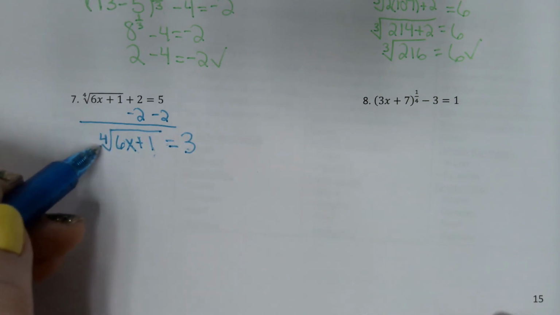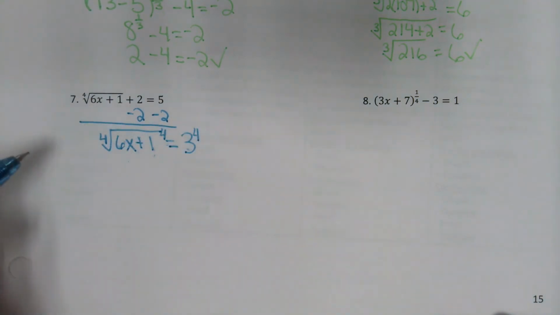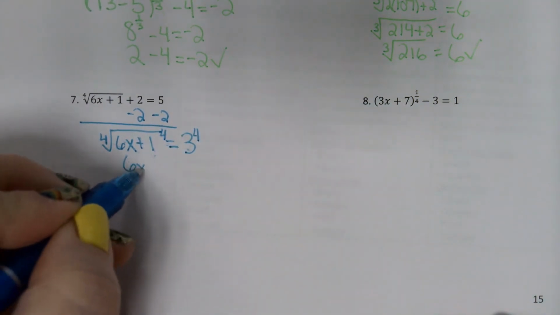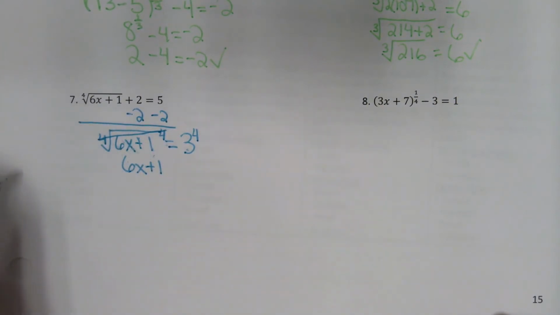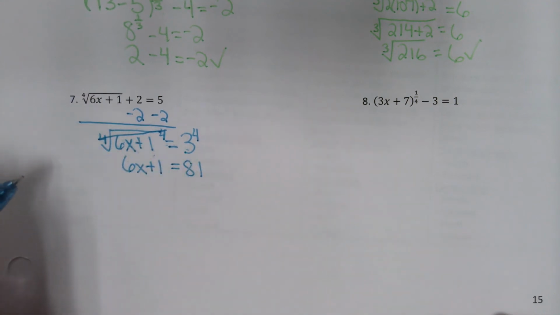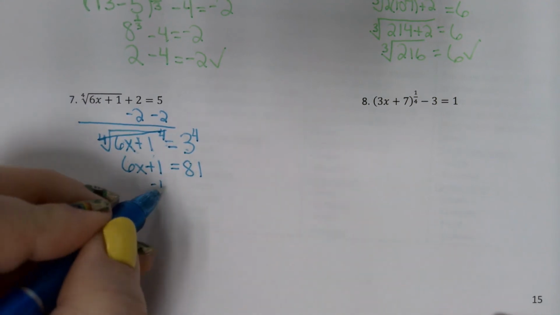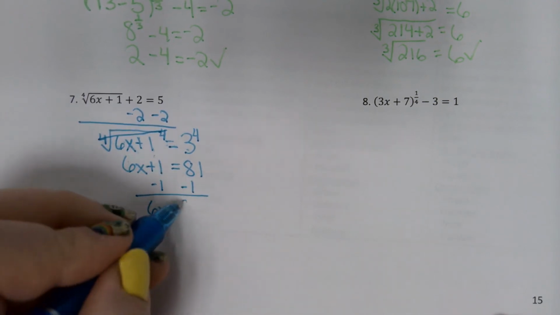Then the index is 4, so we'll raise it to the fourth power. 6x plus 1 is what's left after the radical is canceled, equals 81. Subtract 1 from both sides, and we'll have 6x equals 80.